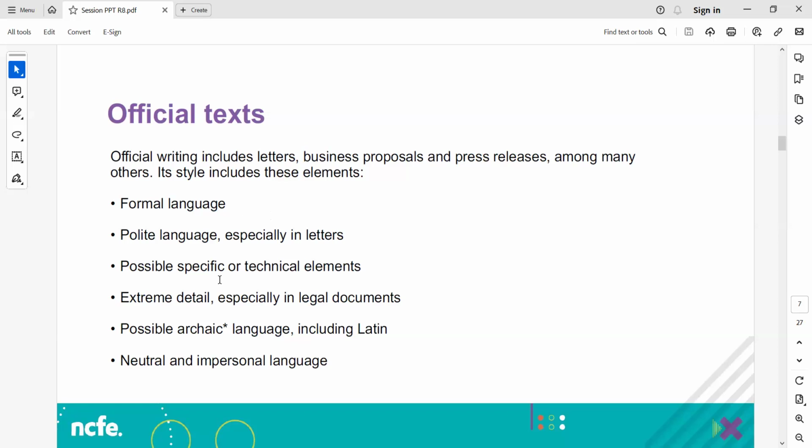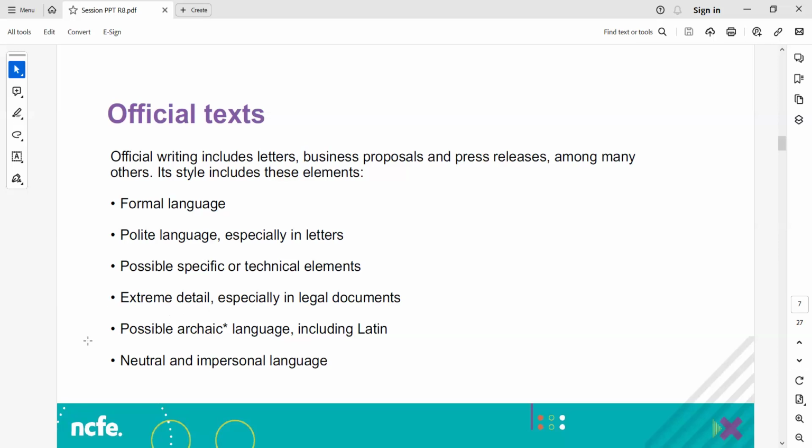Possibly might include technical elements, so for example, a business proposal or a legal document possibly could include those specific and technical elements. Extreme detail, so particularly legal documents. So when you're purchasing a house and you have the legal documents about ownership, there's extreme detail in there, and also technical vocabulary.